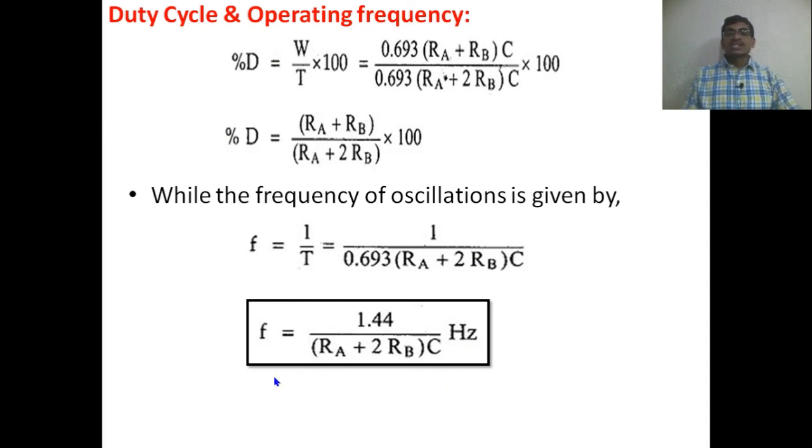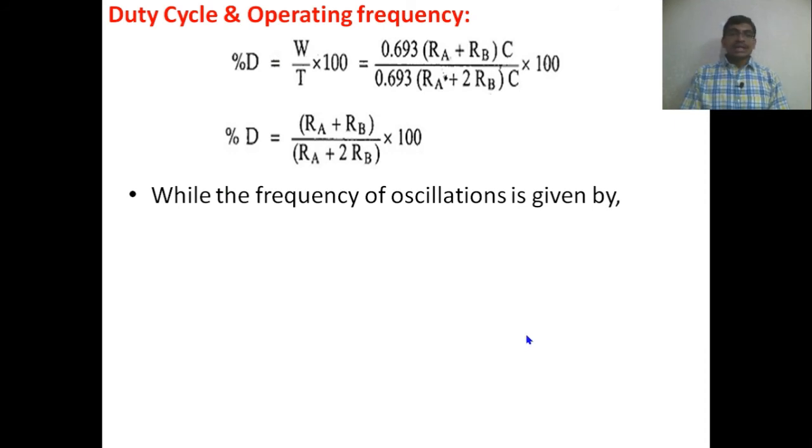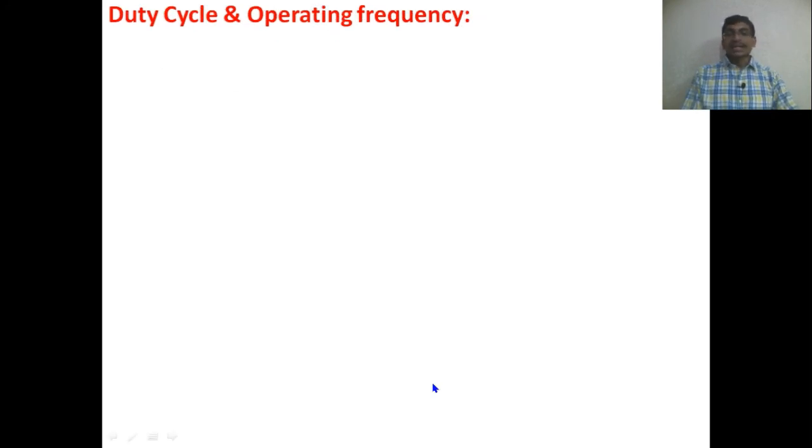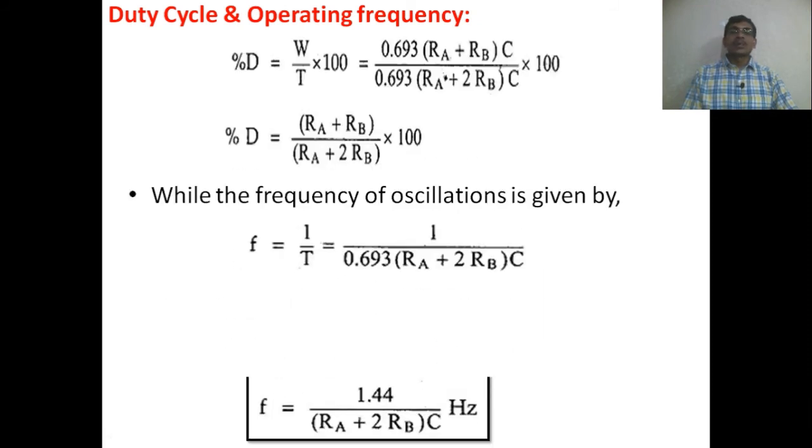This is the frequency of oscillations for the astable multivibrator. The total time period is given by 0.693 into (Ra plus 2Rb) into C. These two values are very important.